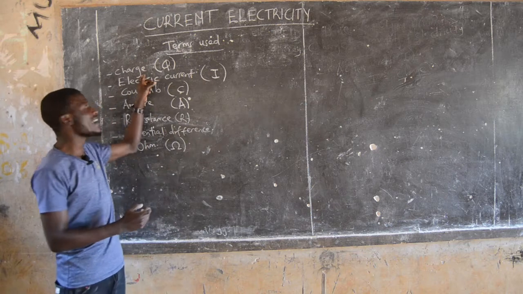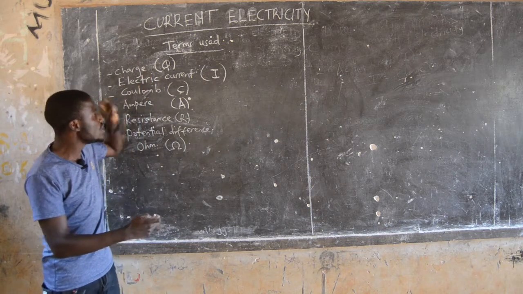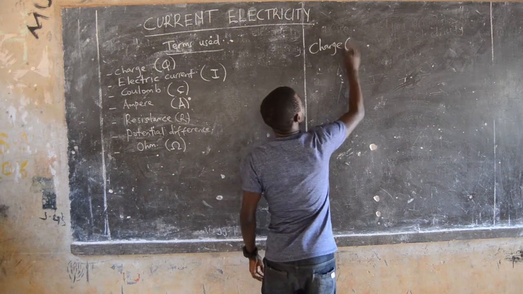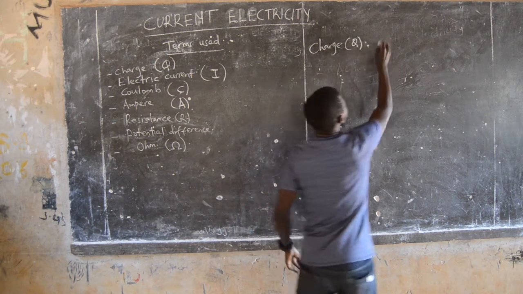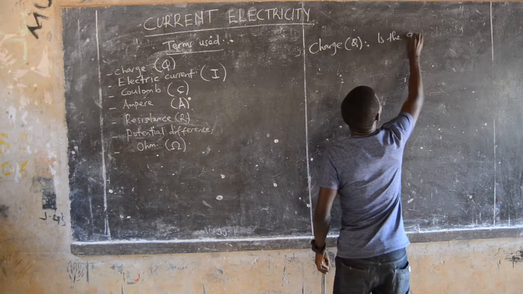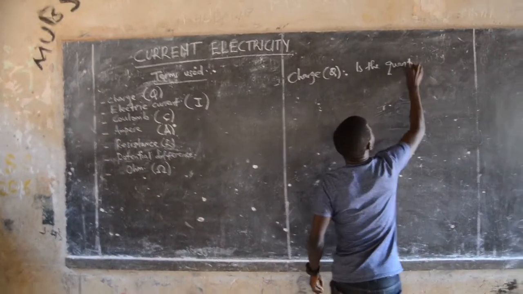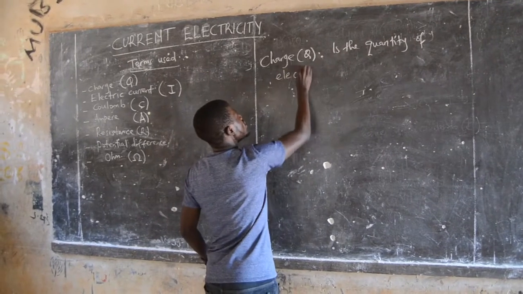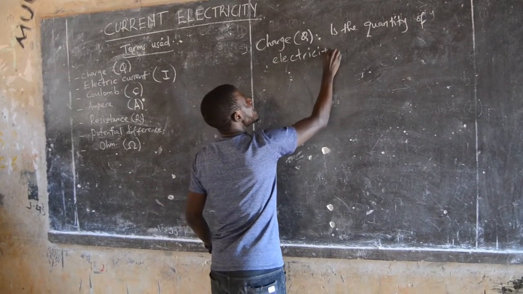Therefore, what is meant by the term charge? In simple terms, this charge, the one we denote using capital Q, is the quantity of electricity that passes. Are you noting it?